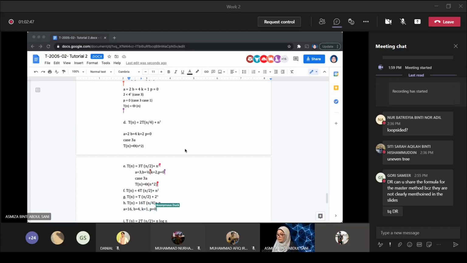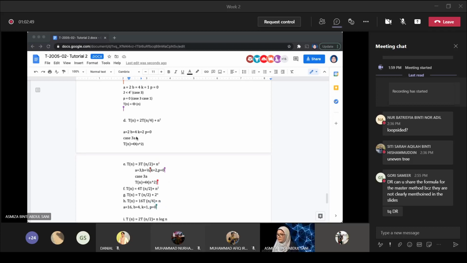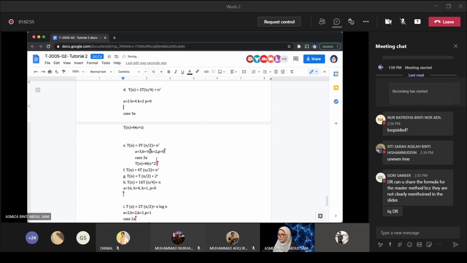Okay, so for E, this one is not complete. So maybe you can put it back in. Why is B 1/2 for question E? I think for question E, B is not 1/2.